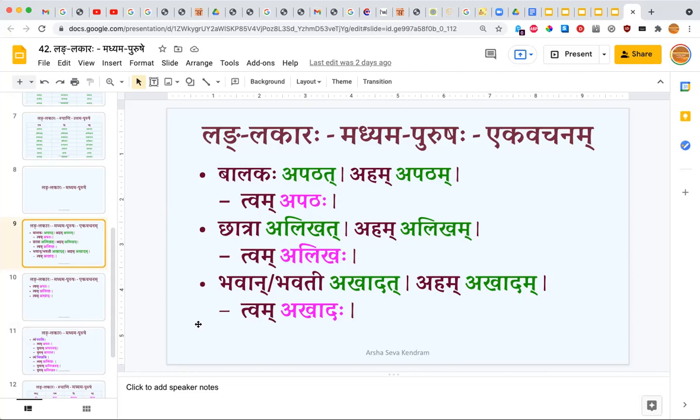So the meaning of Bhavan, Bhavati akhadat and Tvam akhadaha will be the same, but the way it is used is slightly different. Tvam akhadaha literally means you had eaten.